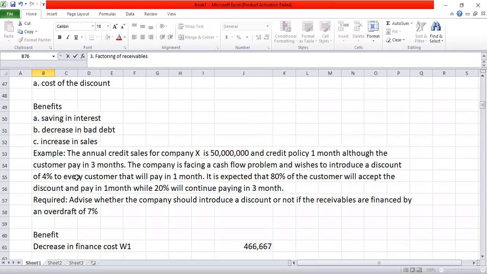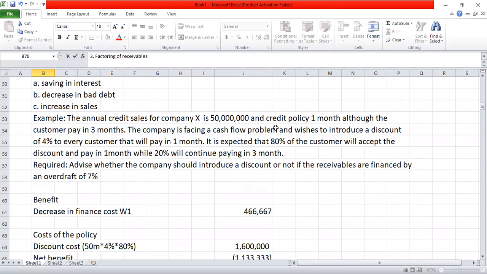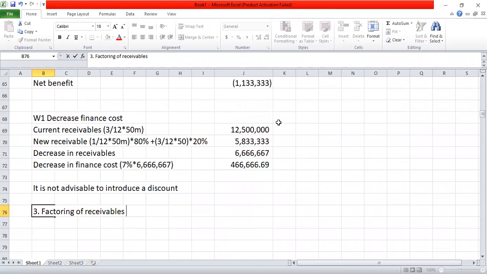It's going to be 3/12 times the credit sales. That's why we are using that.